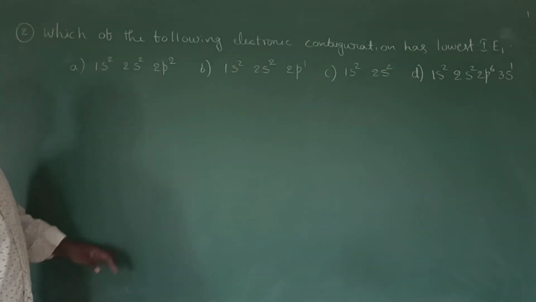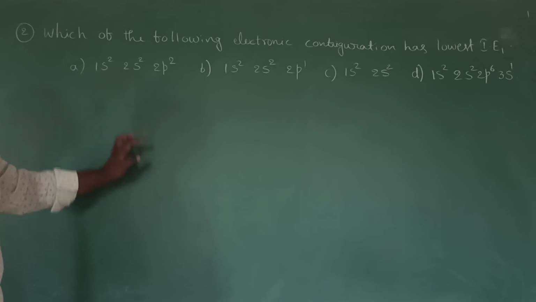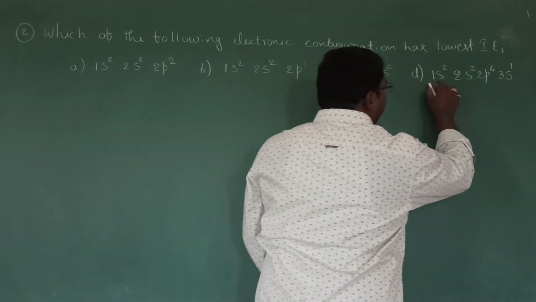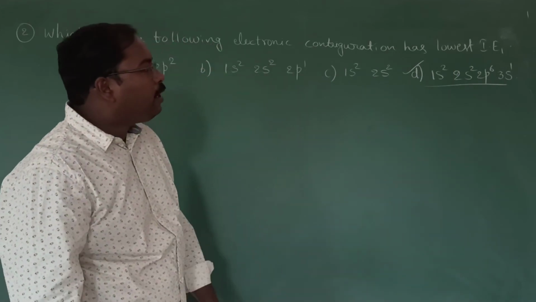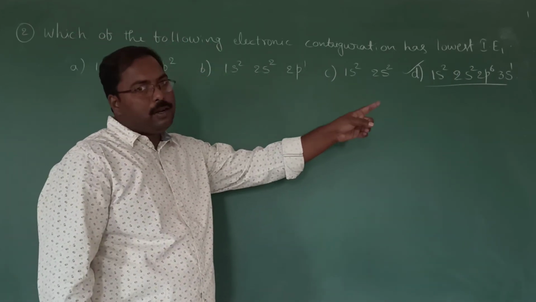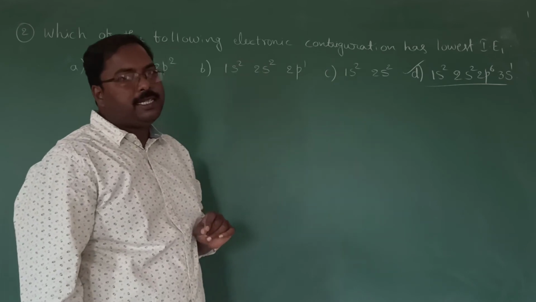Okay, so these are the four options given. Now their question is, in which case does it require lower energy to remove the electron. I hope you have already chosen the answer. Which option is the correct answer? Option 4 will be our answer. So out of the four electronic configurations, the last one has the lowest ionization energy value.